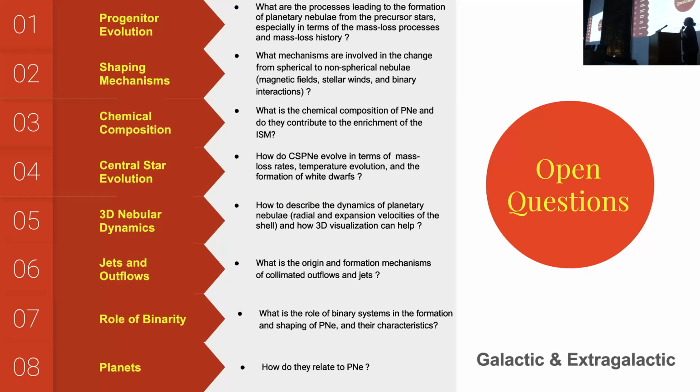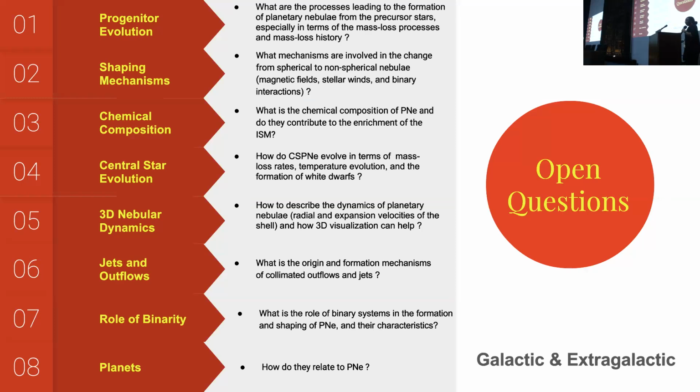The 3D nebular dynamics, that's really important because this is something new. We see better in 3D. We have a better comprehension of the expansion, for example, the kinematics of planetary nebulae in 3D. Jets and outflows, the same as we've seen for post-AGB stars: how jets and outflows are important and carve your planetary nebulae, and also what the mechanisms are that produce those jets.